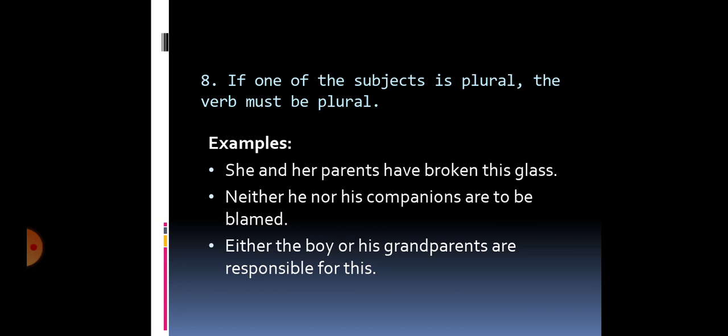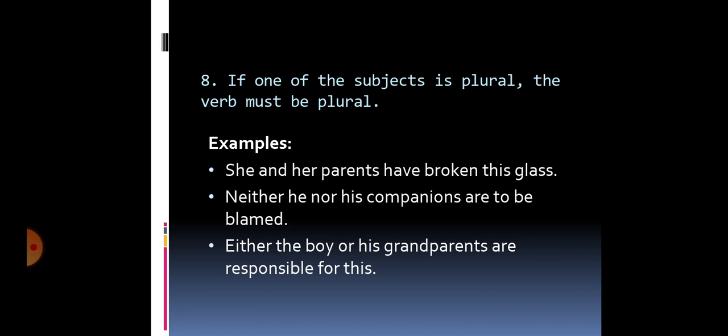If one of the subjects is plural, the verb must be plural. The first example will explain. She and her parents. So she is singular, her parents is plural. Parents cannot be one, right? Because there's an s. If the word was parent, then it could have been one.